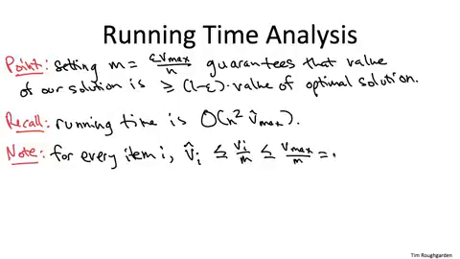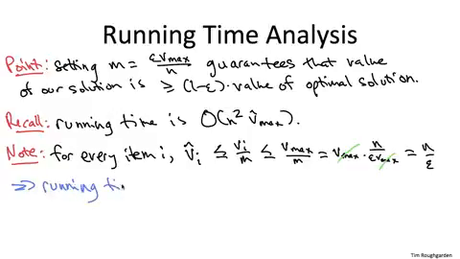Now we plug in our selection for m, epsilon times v max over n. Very happily, the two v maxes cancel, leaving us just with n over epsilon. Plugging in n over epsilon as an upper bound on every transformed value passed to the step 2 dynamic programming solution, we get an overall running time of n cubed over epsilon.